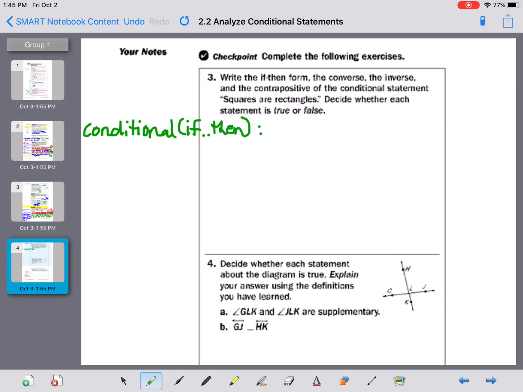So we are writing squares or rectangles in an if-then. So we're going to say if a shape, there's my category, is a square, then it is a rectangle.